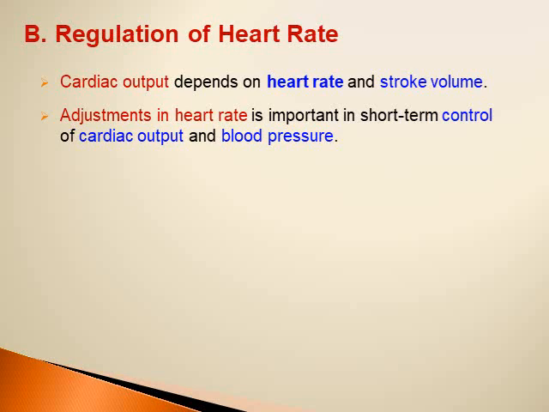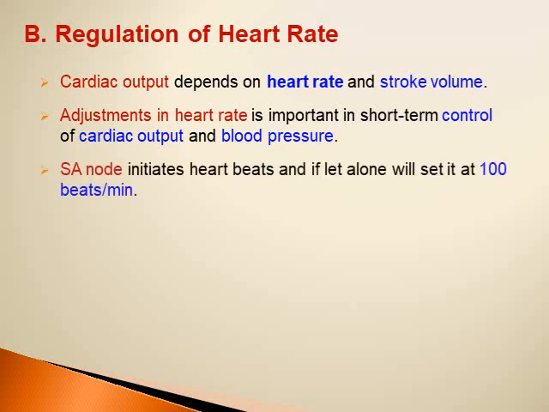Adjustments in the heart rate are important in short-term control of cardiac output and blood pressure. The SA node initiates heartbeats, and if left alone will set it at 100 beats per minute, because their firing rate, as we saw in the previous lecture, is 100 action potentials per minute, and this will be translated into 100 beats per minute.